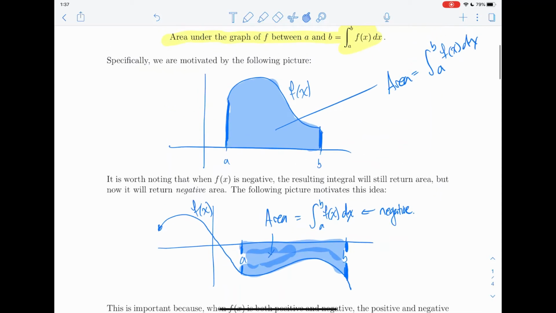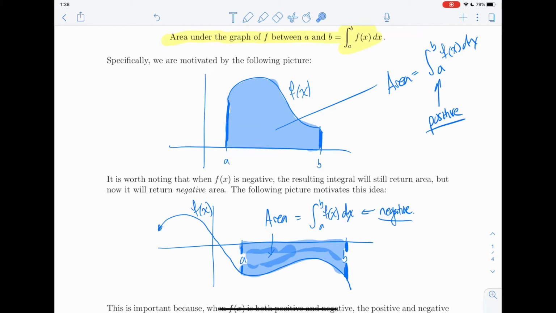Whereas when our function was positive, the area that we found up here turned out to be positive. So we start to witness that if our function is positive, our area is positive. If our function is negative, then our area is negative.